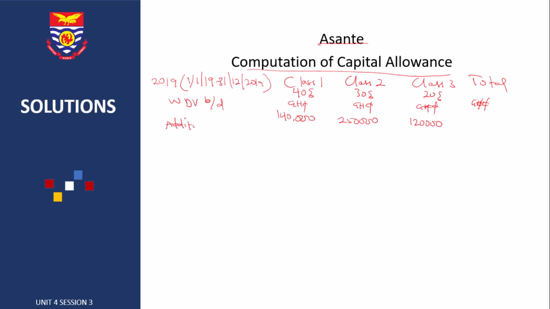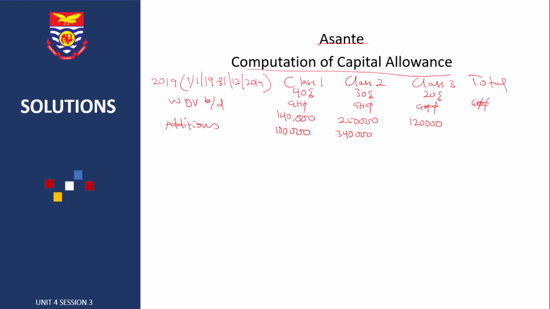Now let us look at the transactions that occurred during the year. So we have additions here. We bought 2 computers and we're told their price is 50,000 each. And computer is under class 1, so we place it here 100,000. We also bought a minibus for 340,000. We place it under class 2, 340,000. Please, I believe we are following. Then we bought office furniture, 80,000.